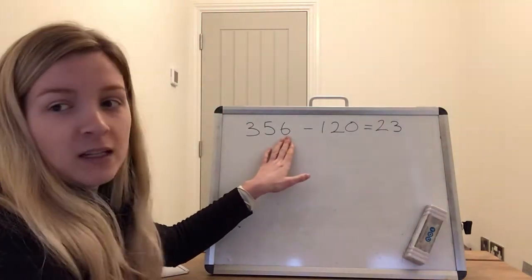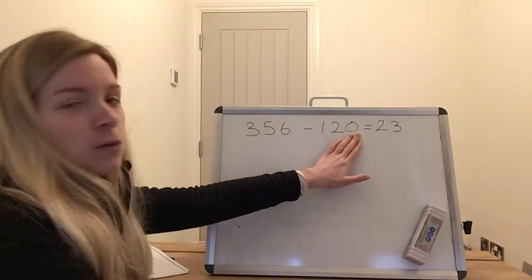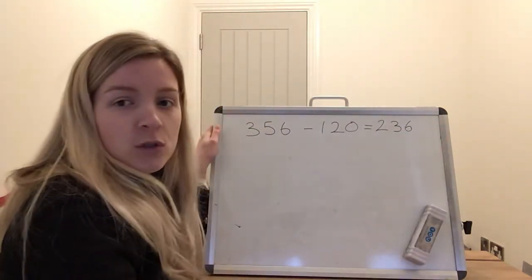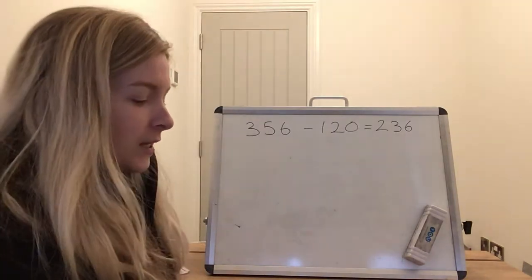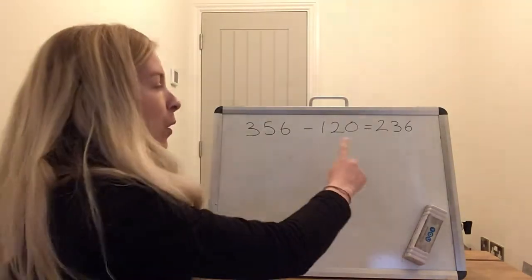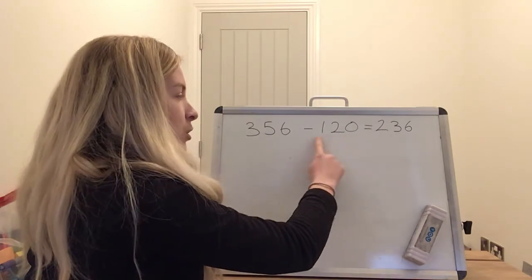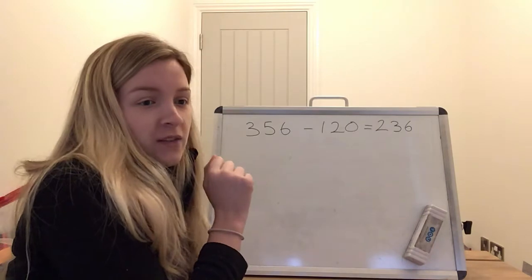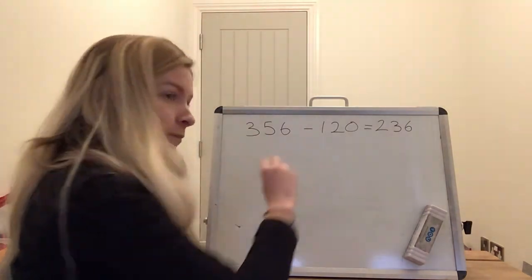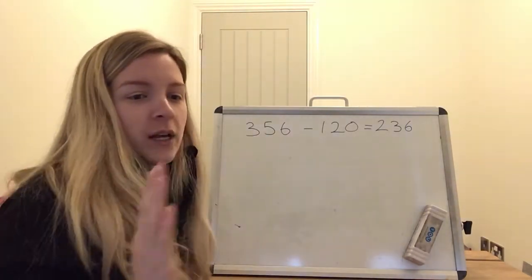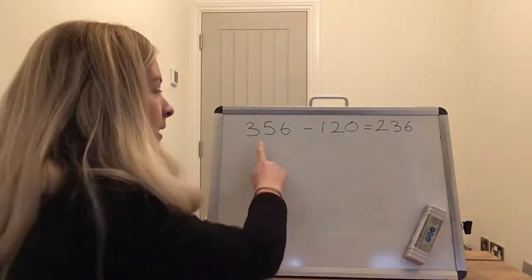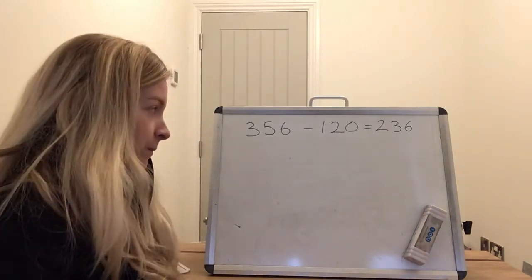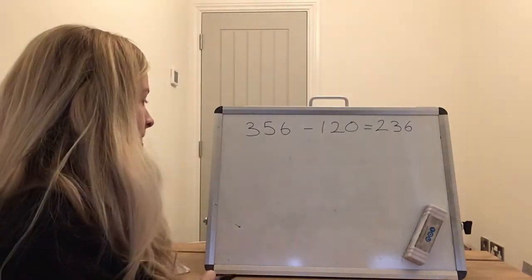And 6 ones take away 0 ones would be 6. 236. So if you spot that these numbers are smaller than these, you might be able to use this strategy, and this is called a partitioning strategy. Having a look at your hundreds, your tens and your ones separately, and you might be able to work it out just like that.